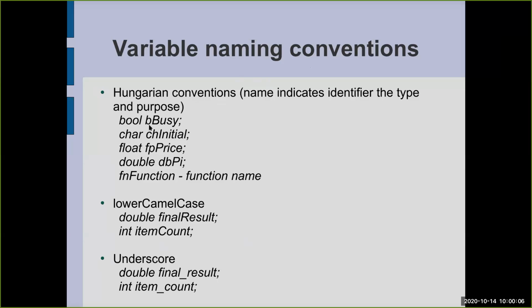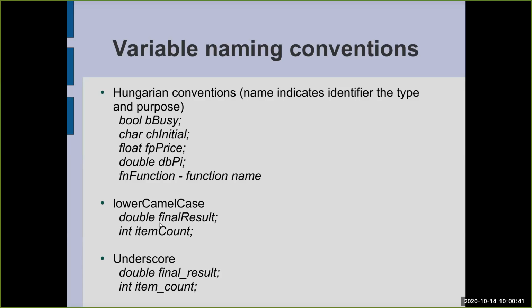So the prefix contains an abbreviation of the type, so it's quite easy to know the type of a given variable. But it is okay for C; in C++, where we have complex types like classes, it's not so useful here.